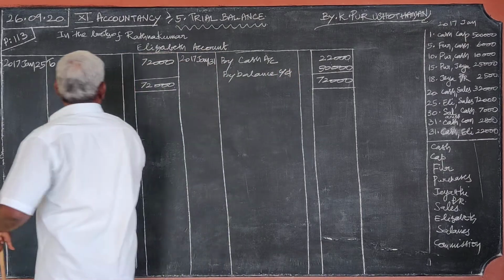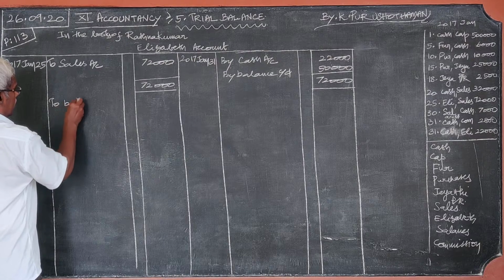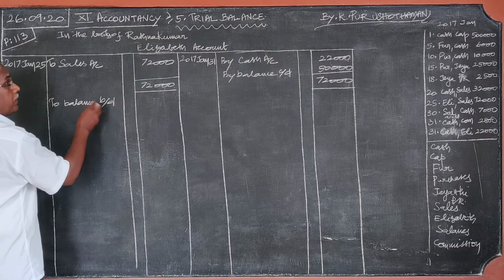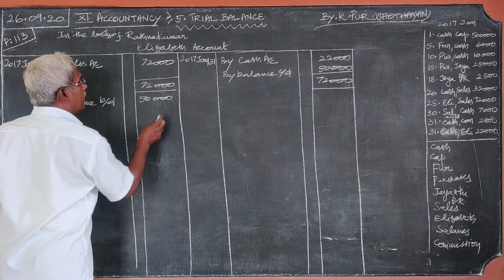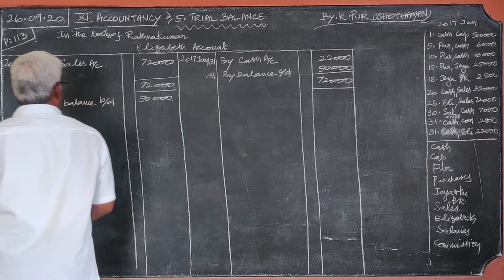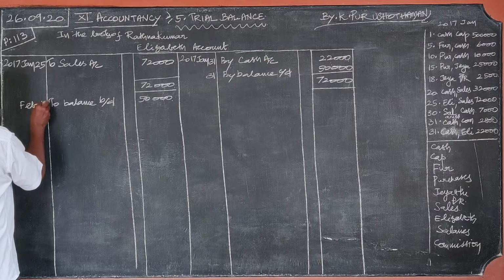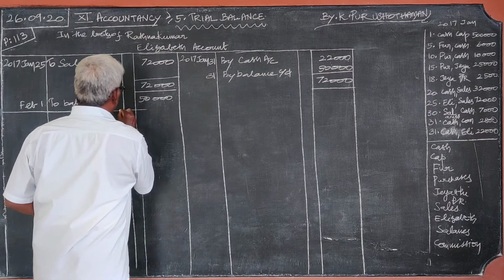The opposite side you can write to balance brought down, $50,000. For carried down, as usual, the last date of the month, and for brought down, next month first date. With this, Elizabeth ledger is over.